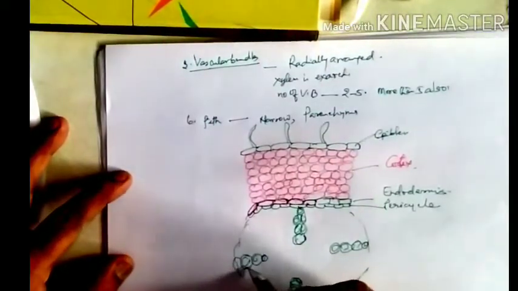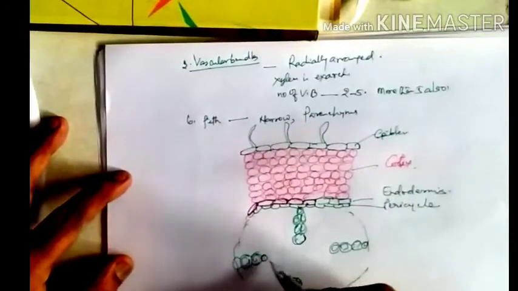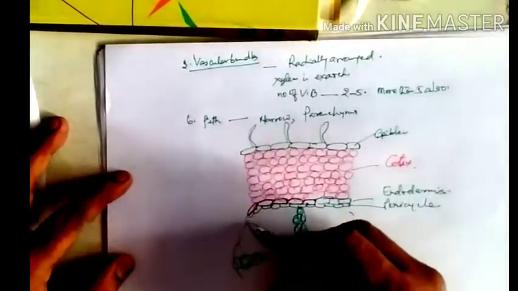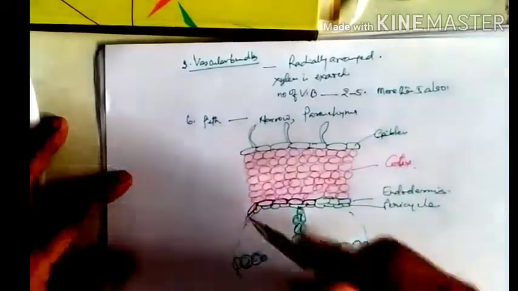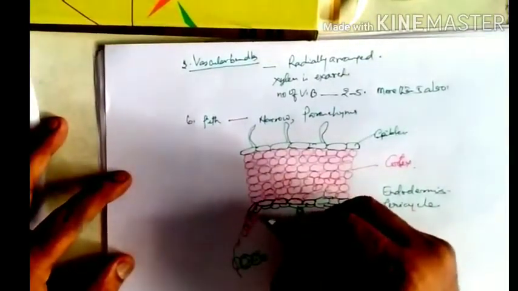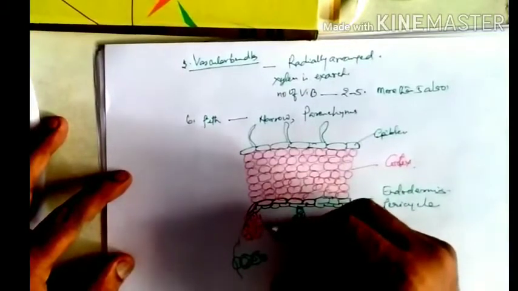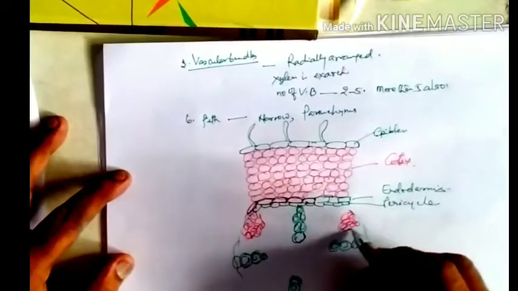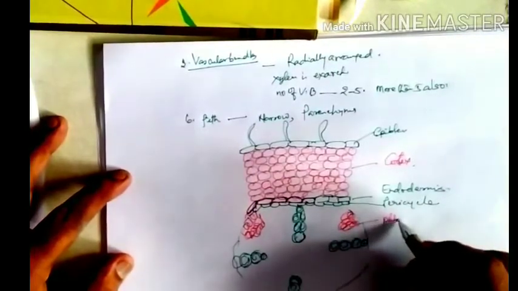So the xylems are situated on different radii, and this is the group of cells known as the phloem at different radii.